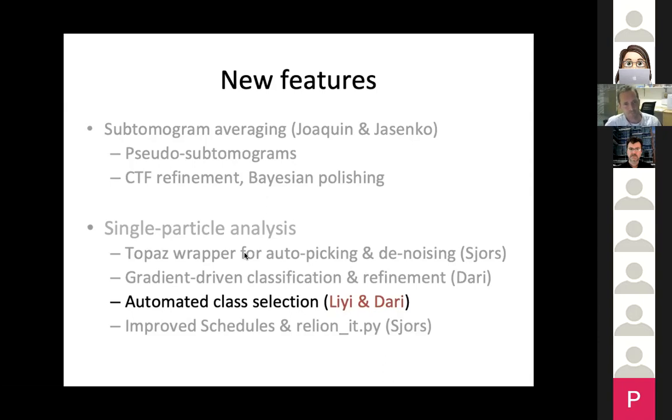Because we were interested in automating the entire pipeline, this has always been a manual selection step where the user actually has to click on the nice 2D class averages, and that then becomes a stumbling block for automated procedures.